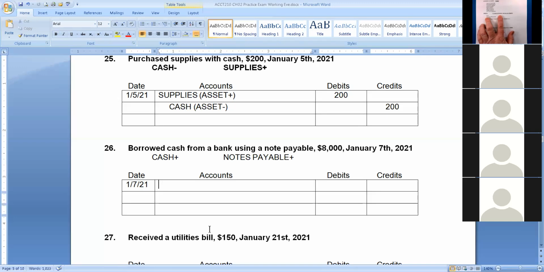So cash is going up with a debit. They got $8,000 more cash to work with, but they owe $8,000 more. So the liability, the notes payable, is going up with the credit.